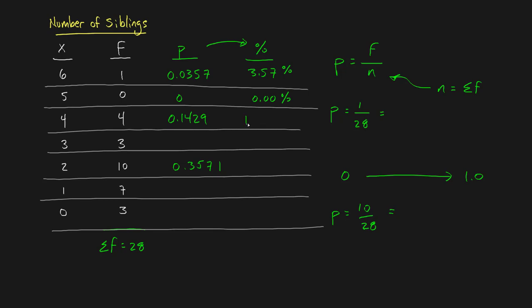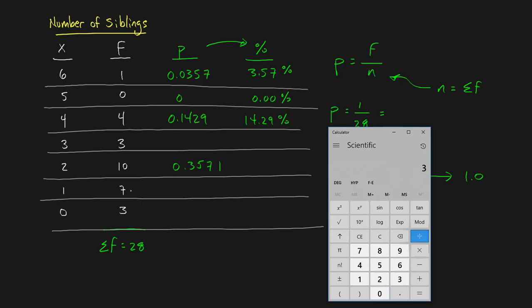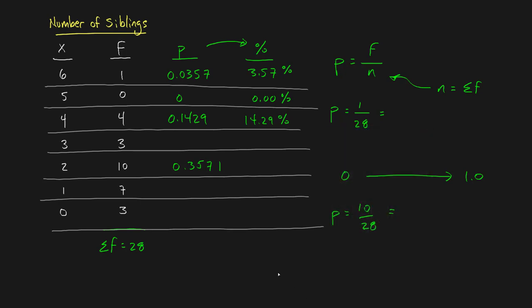So this is 14.29%. And 3 divided by 28. That's 0.1071. And so that's going to be 10%, or a little bit over 10%.